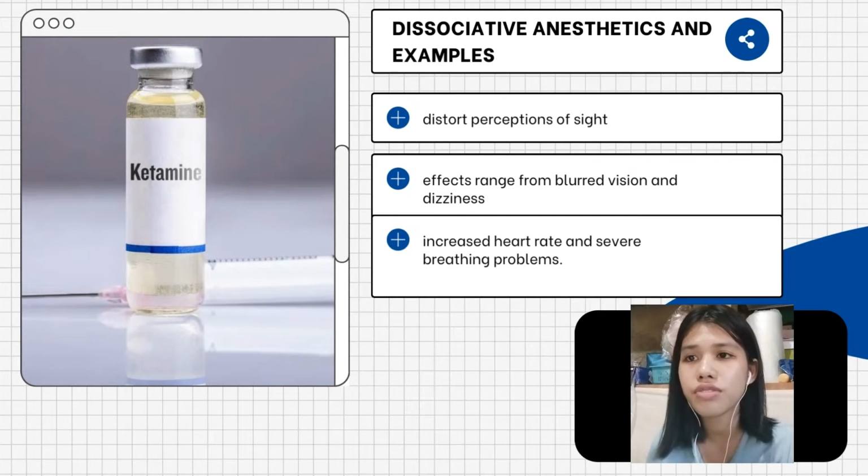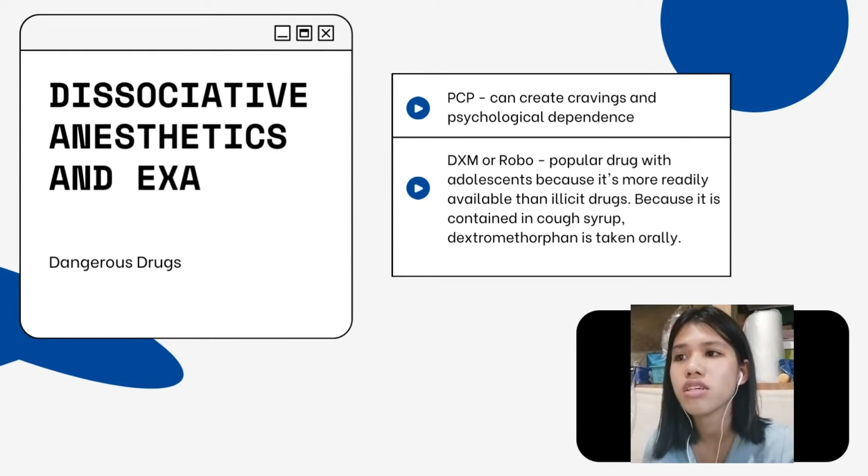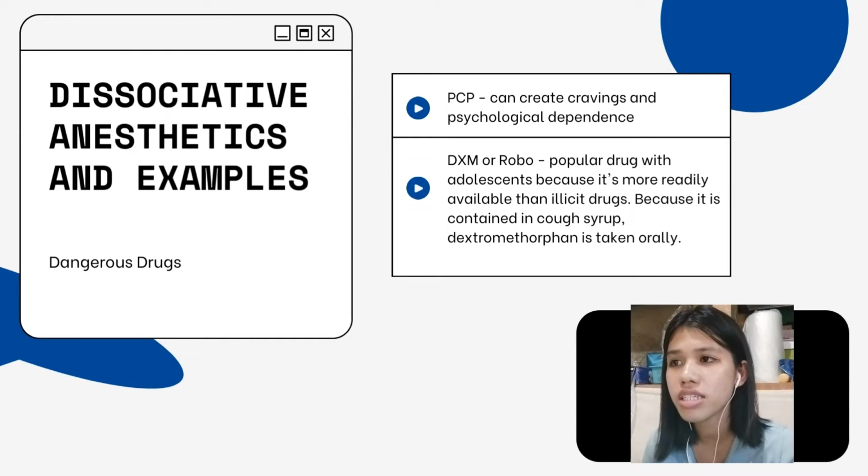The examples for these drugs are PCP, which can create cravings and psychological dependence in the drug user. The next one is the DXM or Robo, which is popular among adolescents because it is more readily available than illicit drugs. It is contained in cough syrups and is taken orally.